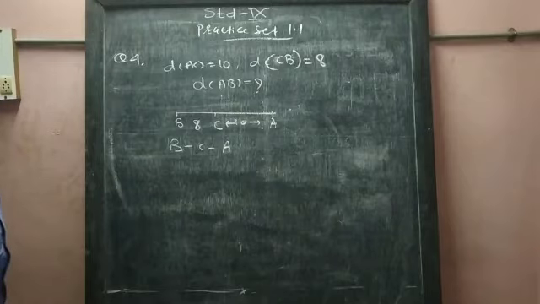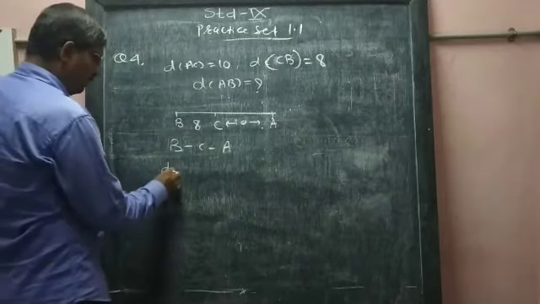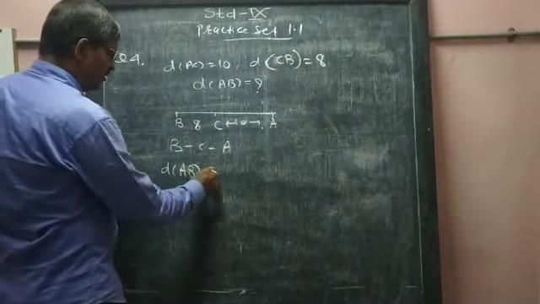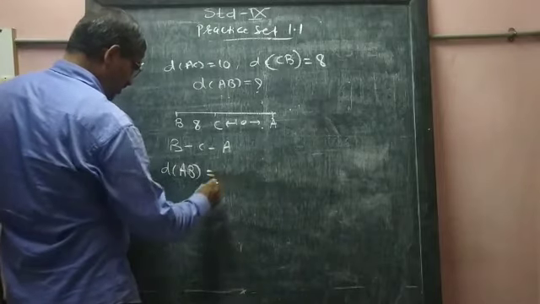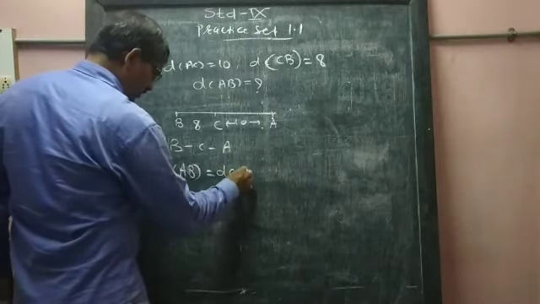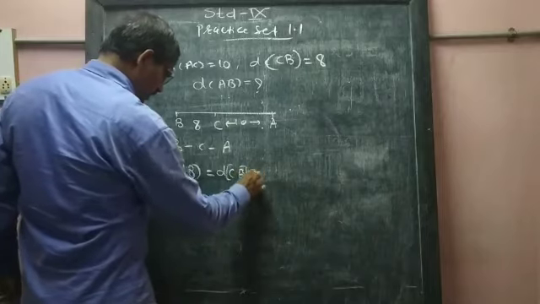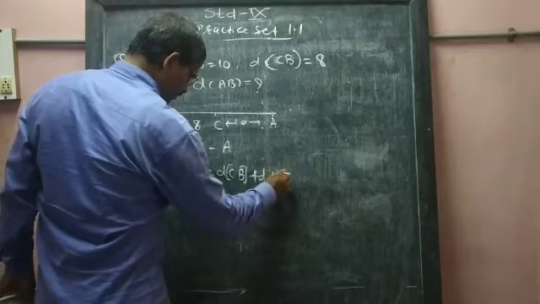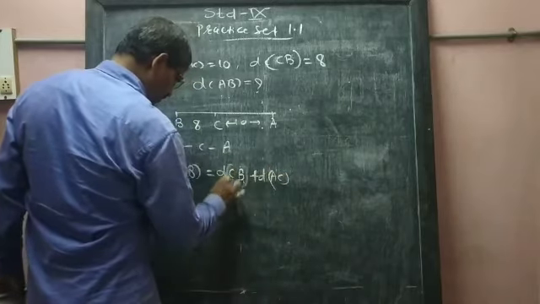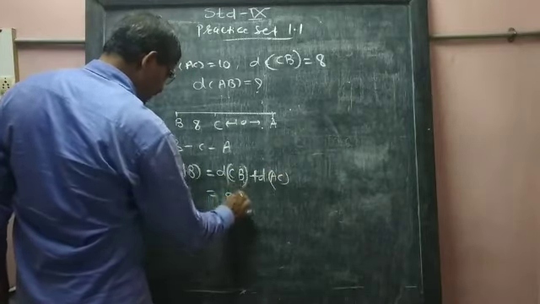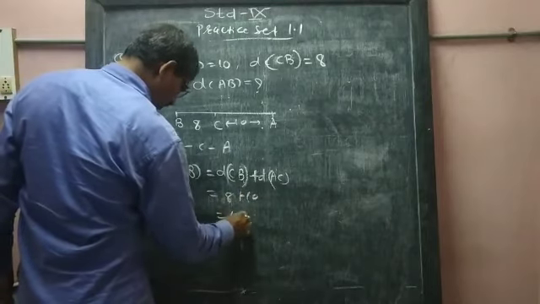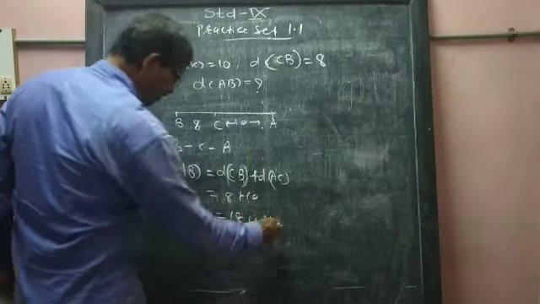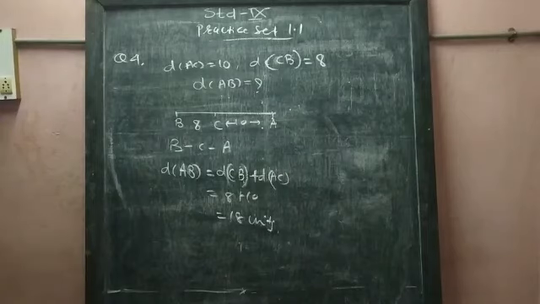Then distance AB is distance CB plus distance AC, which is 8 plus 10. You will get the same answer, 18 units. So by considering this possibility, our answer comes the same.